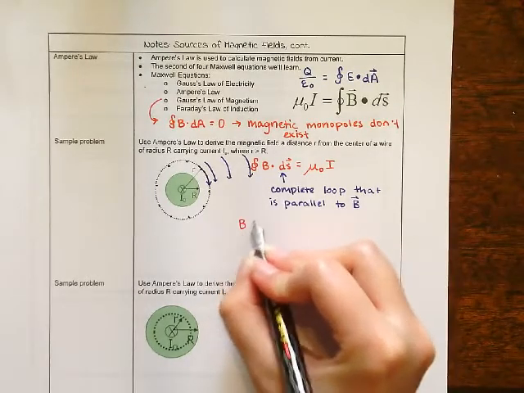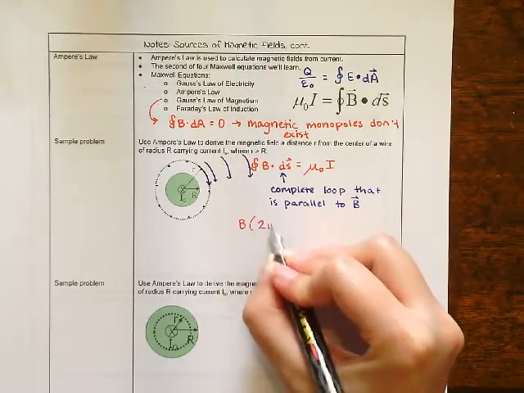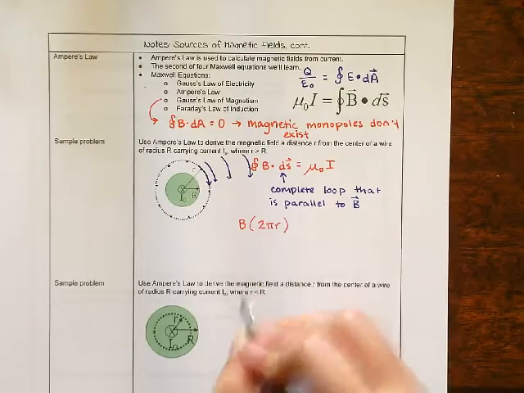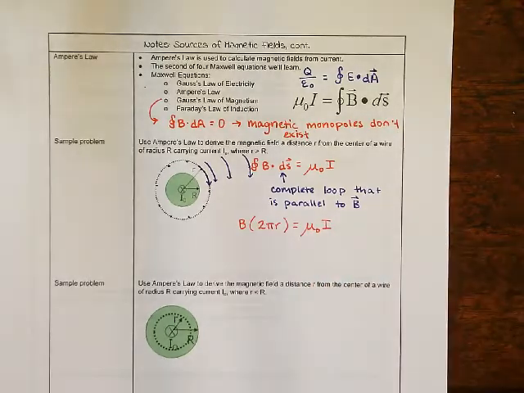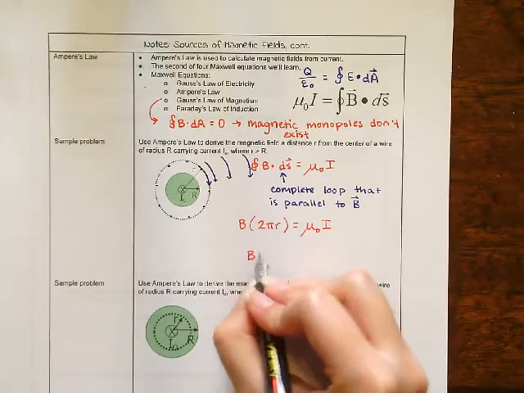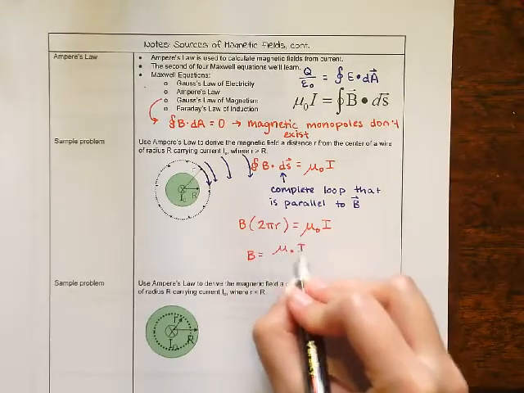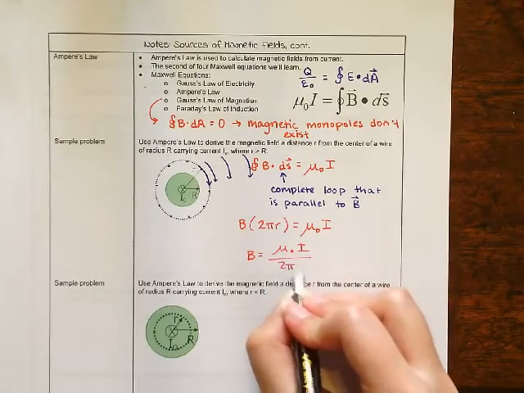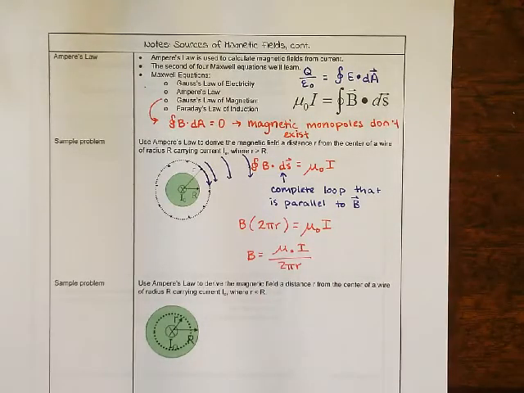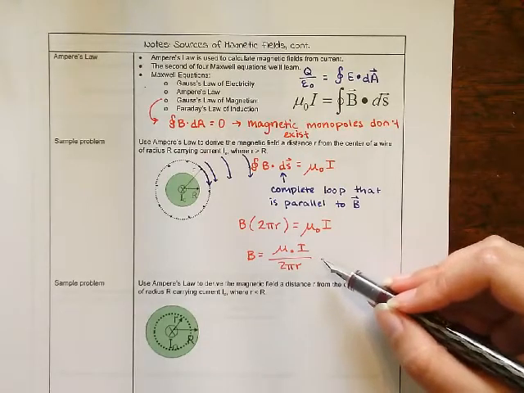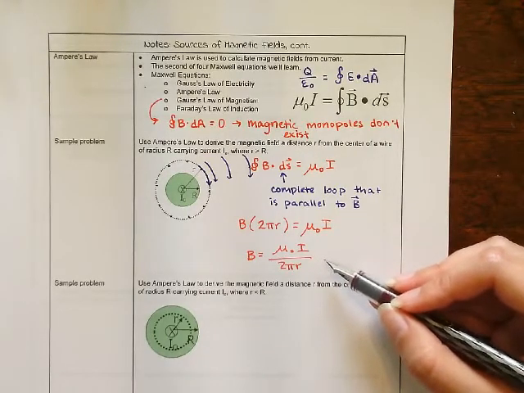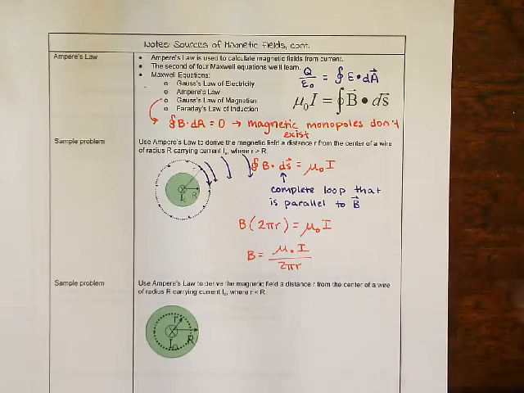You just pop in 2 pi r, and that's going to be equal to mu naught I. And so we get mu naught I over 2 pi r, which is the first equation that we looked at right at the beginning. I said, hey, this is the standard, this is like the default. Usually you can use this in order to figure out the magnetic field around a long straight wire. Okay?